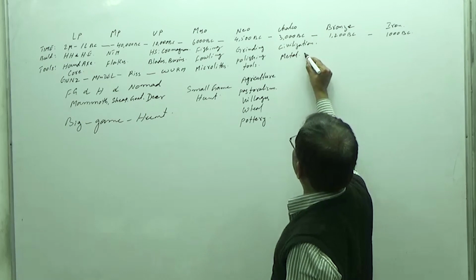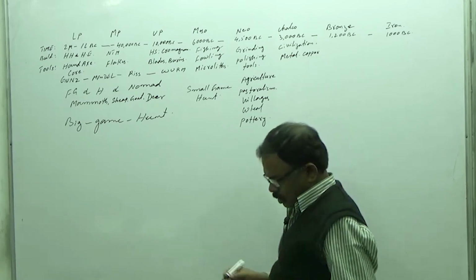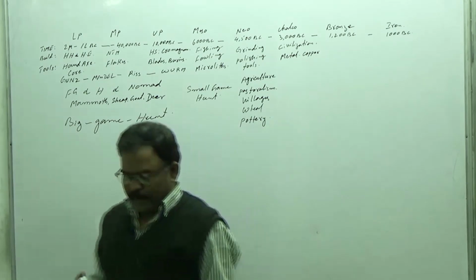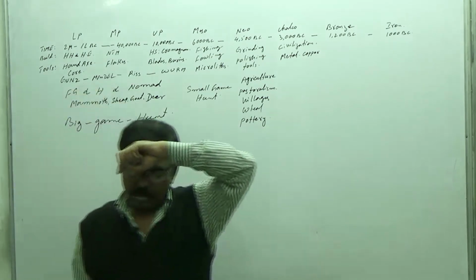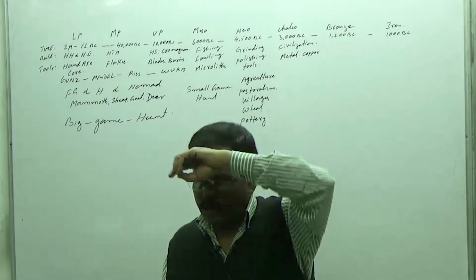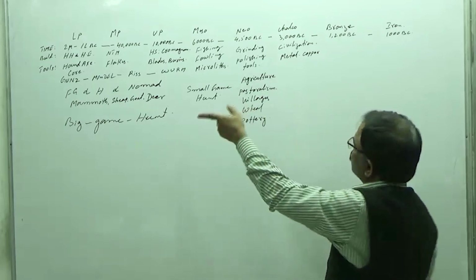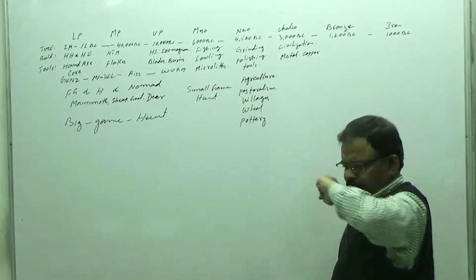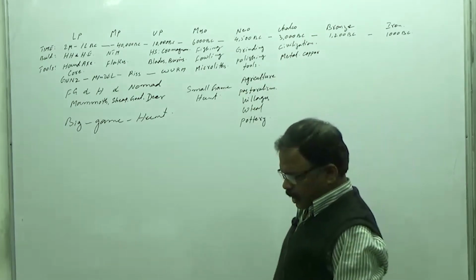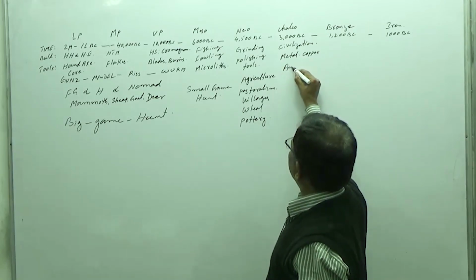That's why it is known as copper culture. So along with copper, man continued the rock tool also. That's why it is known as Chalcolithic, a transition from rock to metal. First time man identified copper at Anatolia.